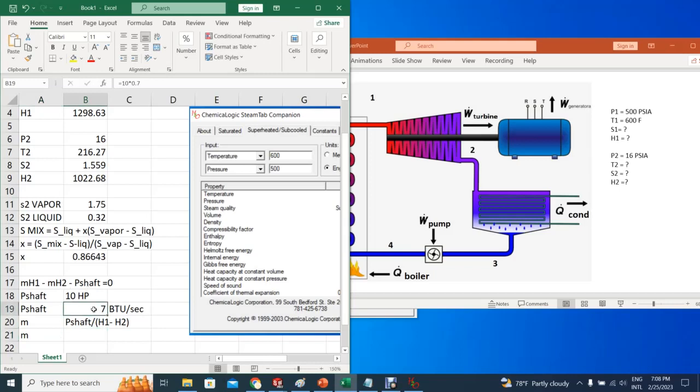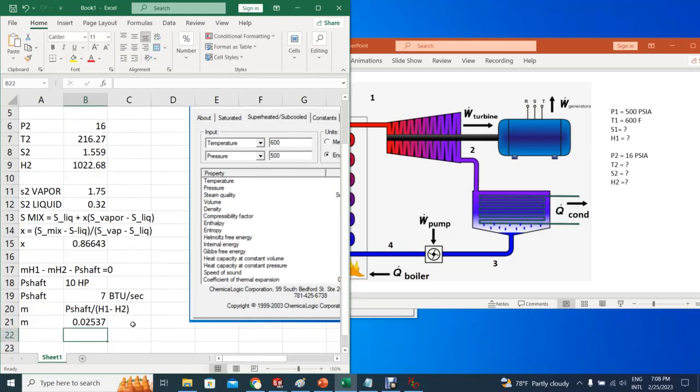Obviously, you need to pick 7 so that the units cancel out and you get mass flow. So I take the 7 and divide that by H1, which comes from here, minus H2, which comes from here. And that number is approximately the mass flow.